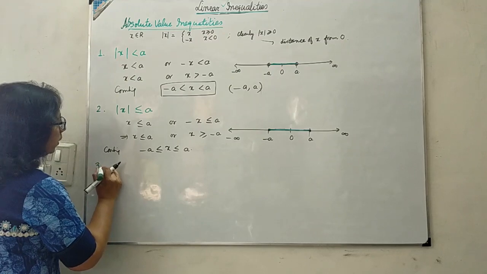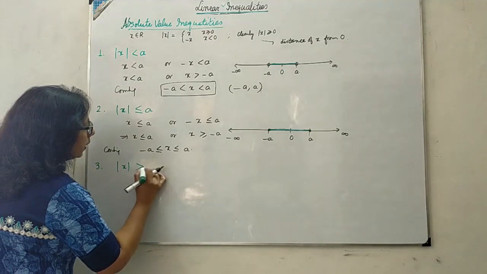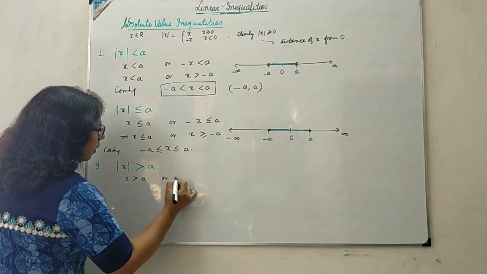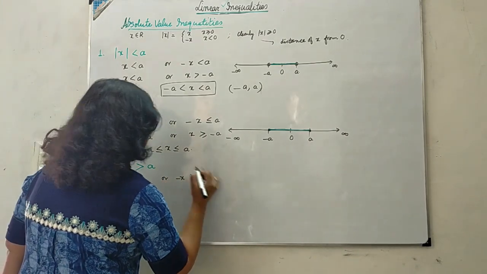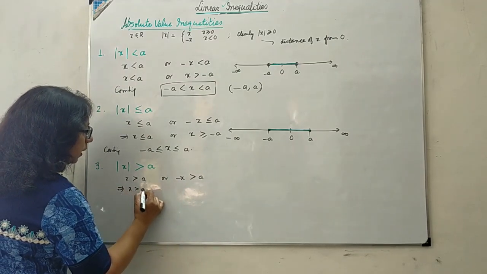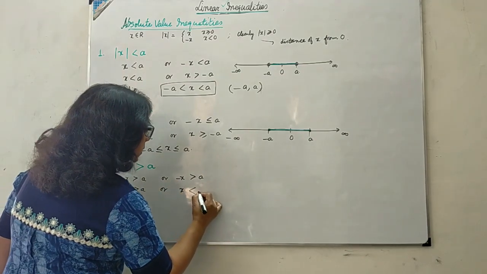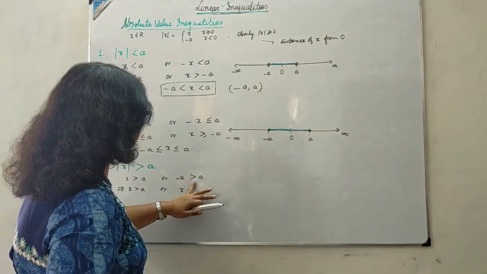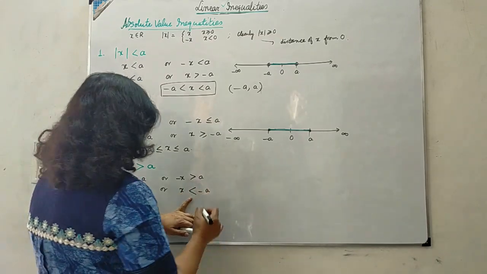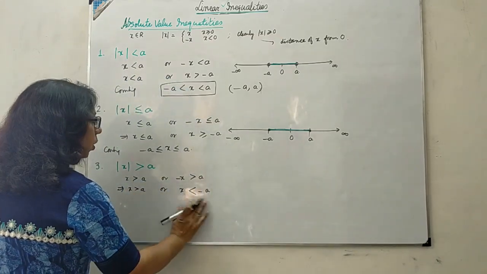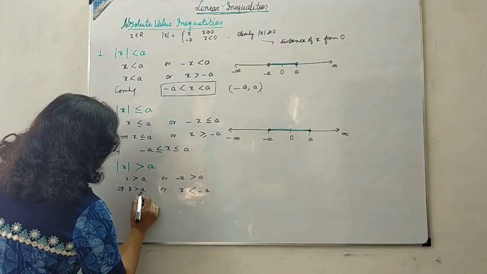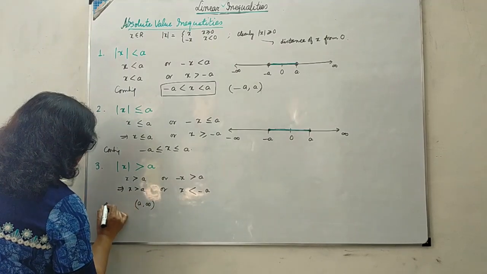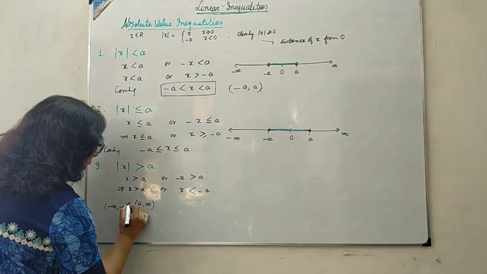Now to move on to the third inequality, modulus x greater than a. Now this is x greater than a or minus x greater than a. Now this is x greater than a or x less than minus a. Here, by multiplying by minus 1, we have changed the sign. Now this means this or this. So this means a to infinity, and the other part is minus infinity to minus a, union.